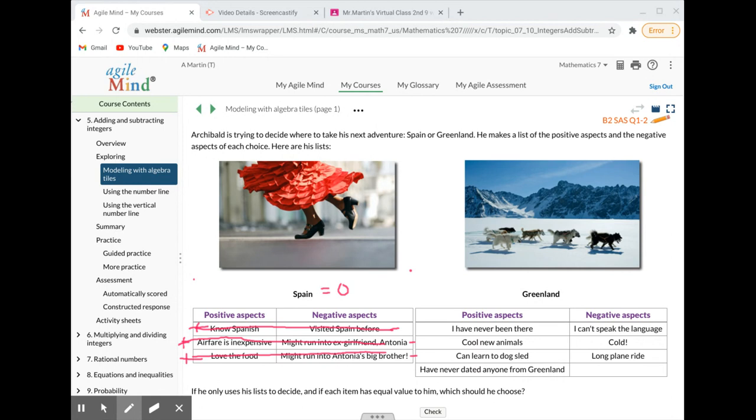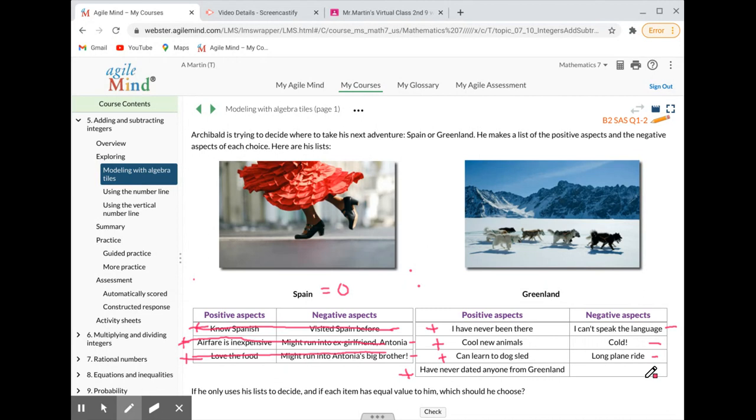Yeah, I want you to read the positive aspects and the negatives. I have never been there. Cool new animals, can learn to dog sled. Have never dated anyone from Greenland. And the negatives are I can't speak the language, cold, and long plane rides.